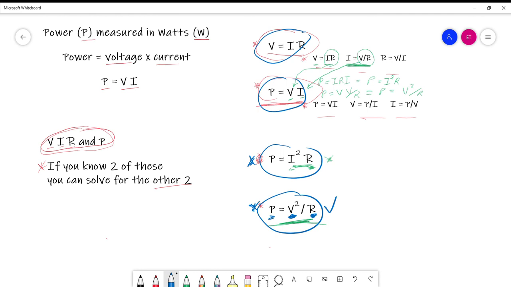And all things have their limits as far as maximum voltage, maximum current, and maximum power. If you have too much voltage and current, then you'll get too much power and it'll burn up the component perhaps. So these are things that we're always considering.